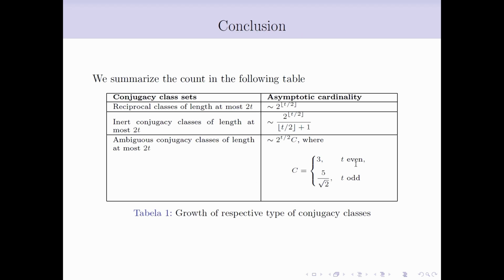So you have the count of reciprocal classes of length at most 2t. You have the count of the inert classes of length at most 2t, and you have ambiguous classes of length at most 2t.